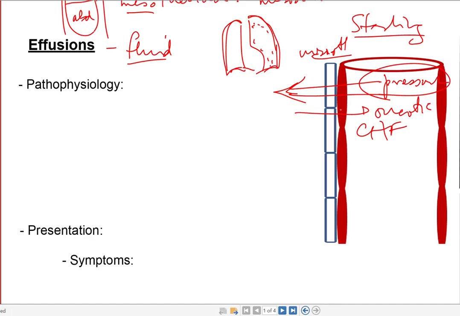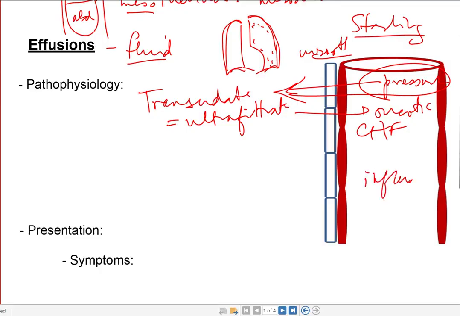So this is effectively going to be an ultrafiltrate, and the ultrafiltrate is called a transudate. So think of this as an ultrafiltrate, which is going to have electrolytes and water, but low in protein, low in cells.